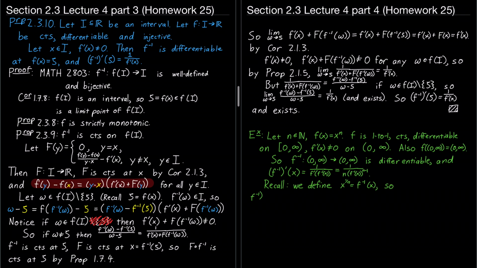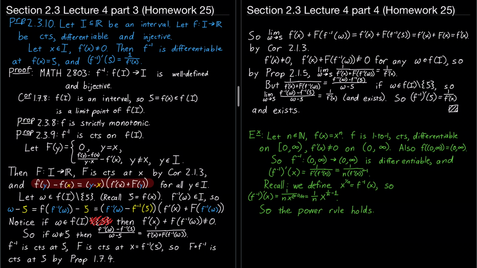So f inverse prime of x now is 1 over n times x to the (n minus 1) over n, which, if you prefer, you can write as 1 over n times x to the 1 over n minus 1. So the power rule holds for these fractional powers. The power rule that you know and love from freshman calculus still holds.